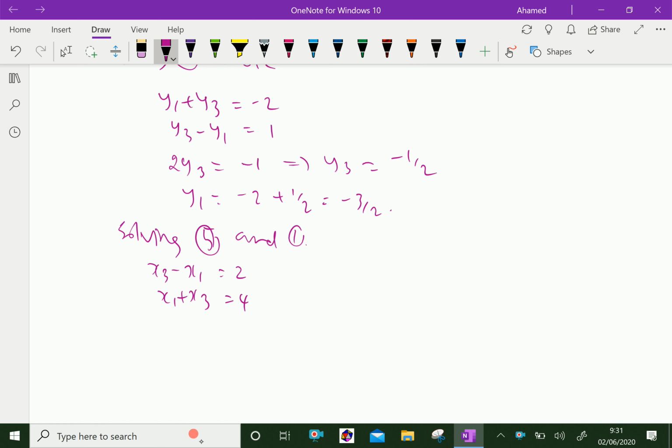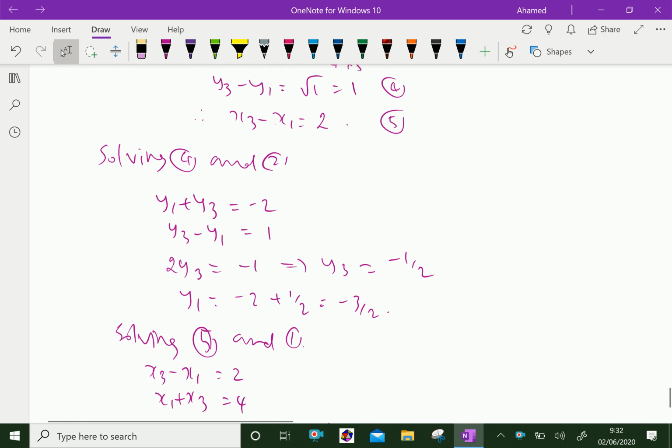Adding gives 2 x3 equals 6, so x3 equals 6 by 2, which is 3.